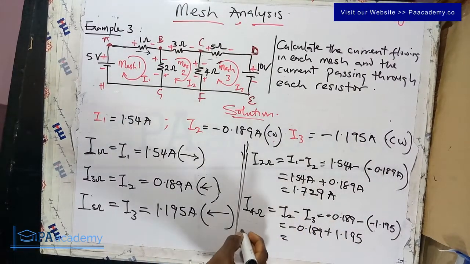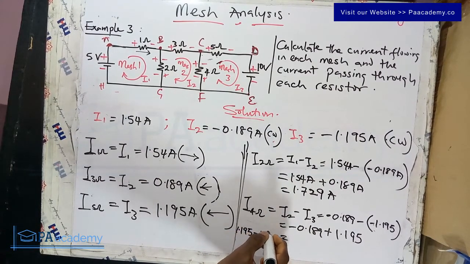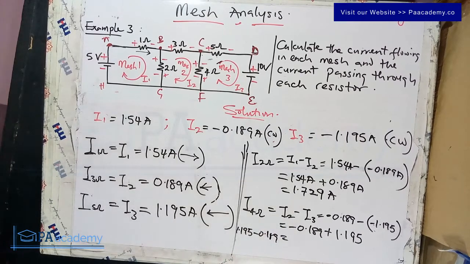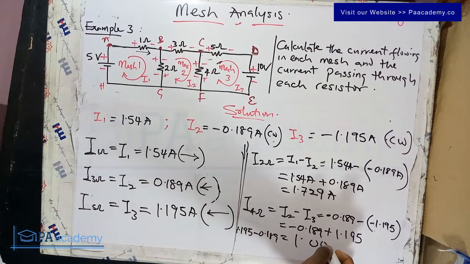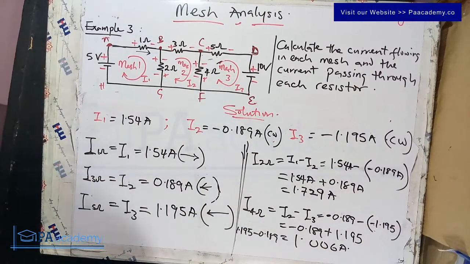Remember, this is also the same thing as writing 1.195 minus 0.189. If you calculate this in your calculator, you should be having 1.006 amperes.